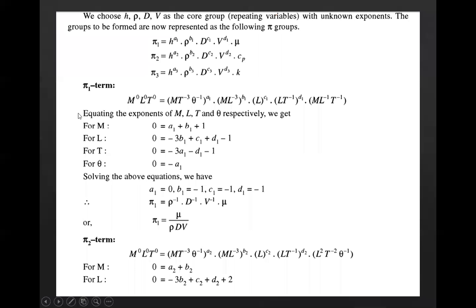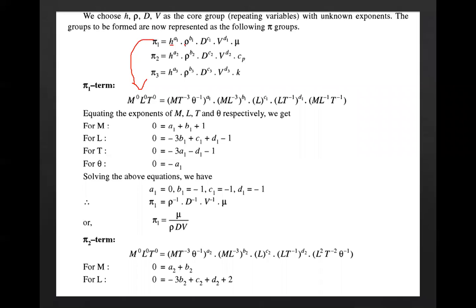so we are getting the term pi 1. For pi 1, we have to use this equation. Pi is a unitless quantity, that's why we write M0 L0 T raised to power 0. h is the heat transfer coefficient, that's why we use M T to the power minus 3, theta to the power minus 1, the whole raised to a1.